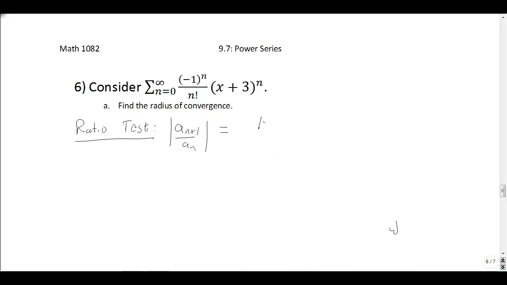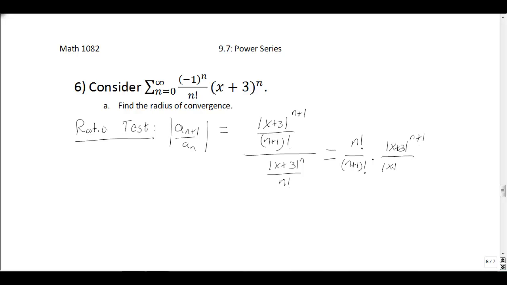So I'll get absolute value x plus 3 to the n plus 1 over n plus 1 factorial over, if I plug in n, I get x plus 3 to the n over n factorial. So this gives me n factorial over n plus 1 factorial times absolute value x plus 3 to the n plus 1 over absolute value x plus 3 to the n.